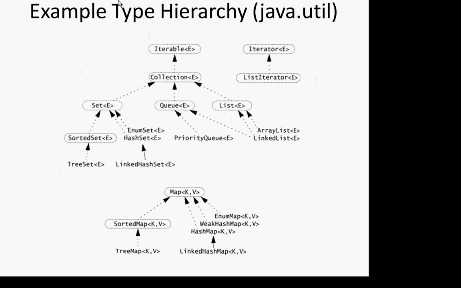Maybe you could consider me pre-Java 1.4, what have you, where they rolled out generics. So here's a priority queue. This is a class which implements this type. It's a subtype of this. We can pass it around as a queue.